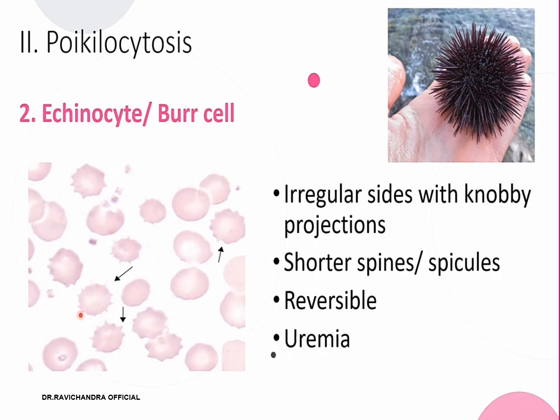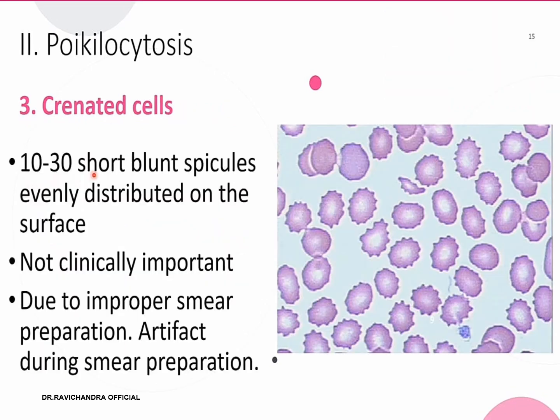They will have an irregular size with knobby projections with shorter spines or spicules, and they are seen in uremia. Crenated cells have 10 to 30 sharp or blunt spicules which are evenly distributed on the surface. They are not clinically important, and they are seen in improper smear preparation and artifacts during smear preparation.